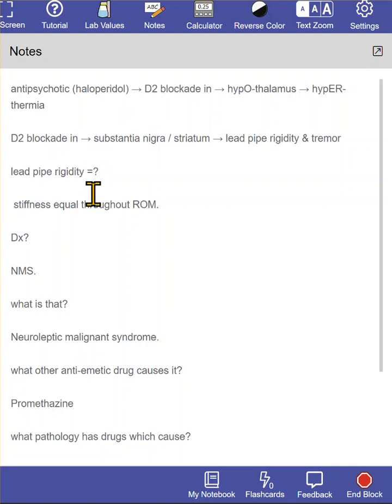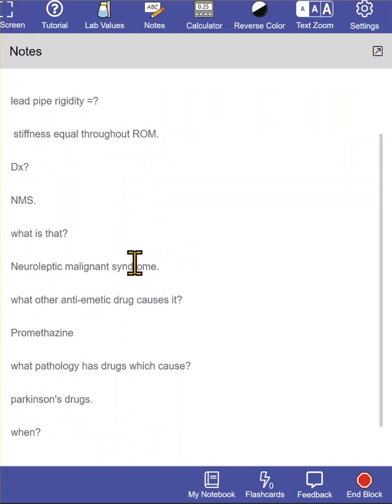And so this is like classic. So D2 blockade in the substantia nigra striatum, you get lead pipe rigidity. What is that? So it's when you get rigidity in your limbs in the full range of motion. So if your arms are fully extended or mid-flexed or fully flexed, they're still going to have rigidity across the entire range of motion. So stiffness equal throughout range of motion, diagnosis, NMS.